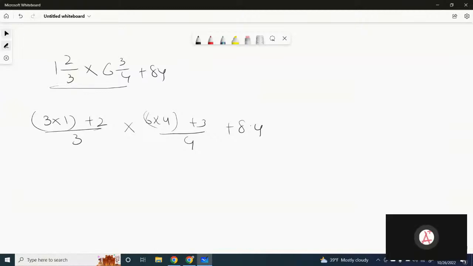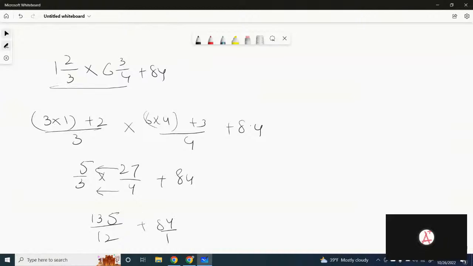So it would be 3 times 1 is 3 and 5 over 3, and 6 times 4 is 24, 25, 26, 27 over 4. So when multiplying fractions, you simply do numerator times numerator and denominator times denominator. Got it? So 27 times 5 is 135 and 4 times 3 is 12.